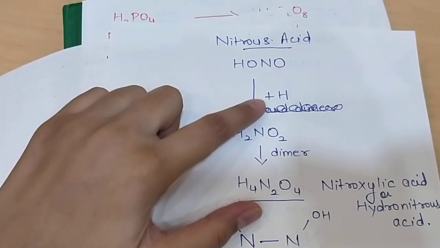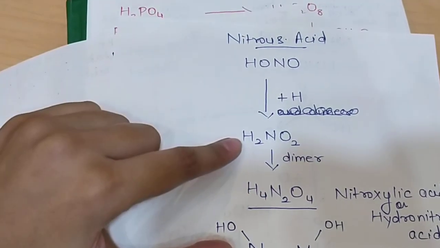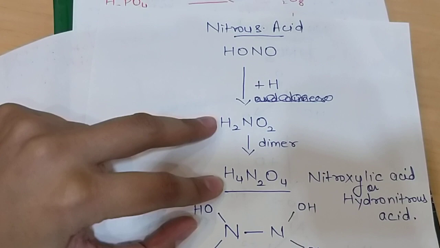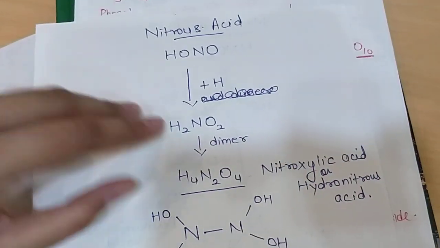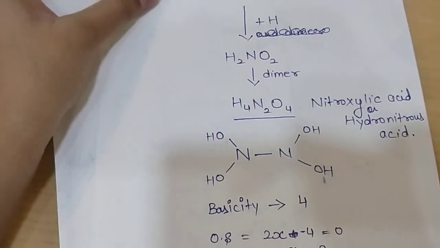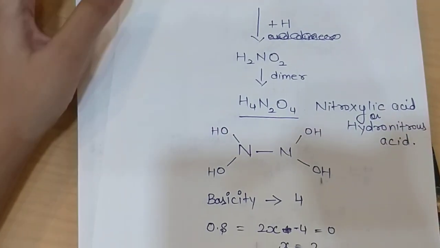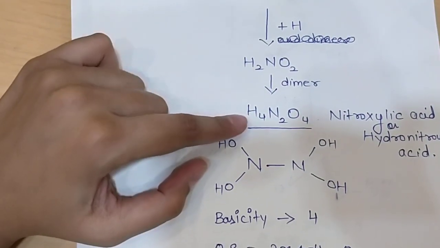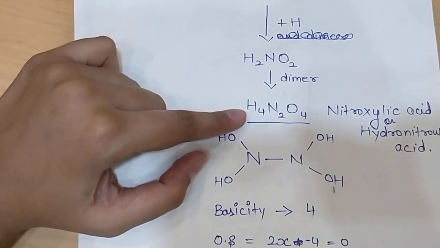So we'll add one hydrogen to nitrous acid. The formula will become H2NO2, and further it also exists as a dimer. This is a slight exception in the case of oxyacids of nitrogen, that two of the oxoacids exist as dimers. So the formula is H4N2O4.